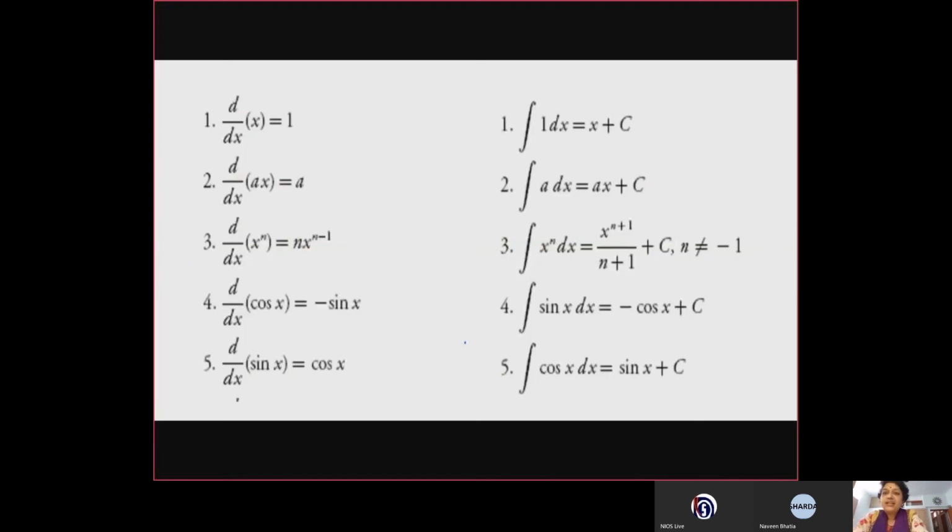So we know that the derivative of x is 1. So the integral of 1 dx would be x plus c. Now why this c? Suppose I differentiate x plus 2. The derivative would still be 1. So when I say integral of 1 dx, it could be x plus 2.